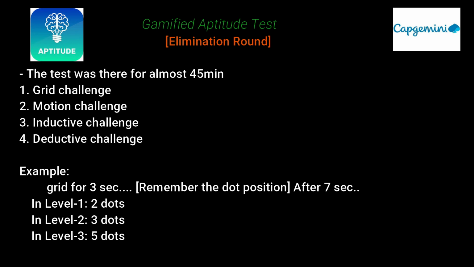Then you need to remember the second dot. Like this, you need to remember the dot positions, and finally you have to represent the pattern of the dot positions correctly. As your level increases, the number of dots you need to represent increases. So it tests your grasping power and memory.